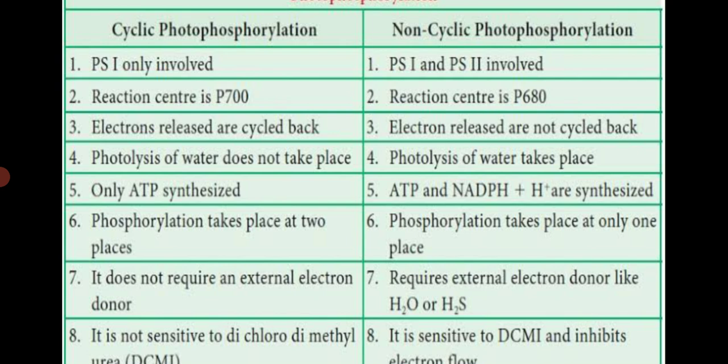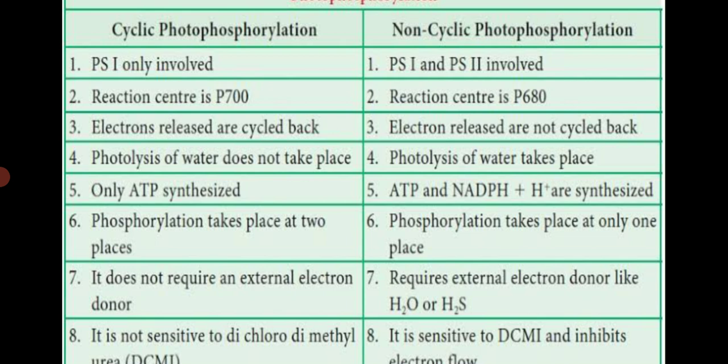The reaction center is P680 in non-cyclic. Electrons released are cycled back in the cyclic one, but in non-cyclic photophosphorylation, electrons released are not cycled back. Photolysis of water does not take place in cyclic photophosphorylation. Photolysis of water takes place in non-cyclic photophosphorylation, so O2 is released.